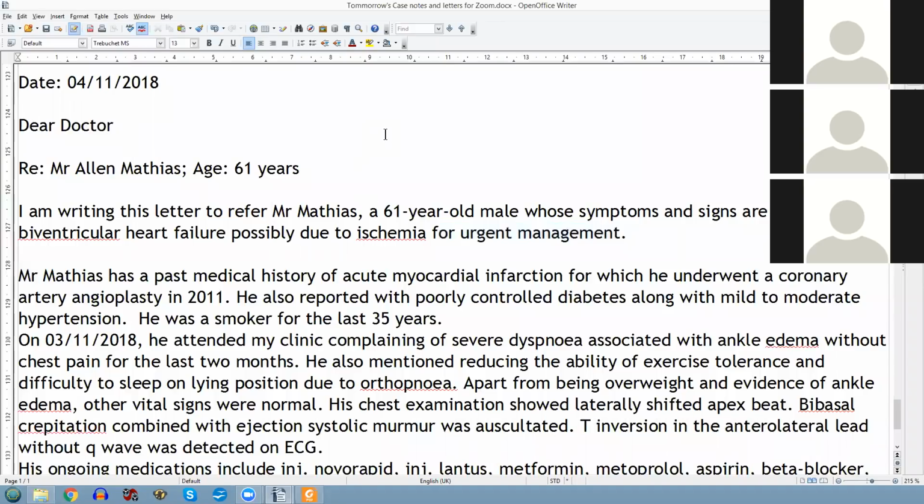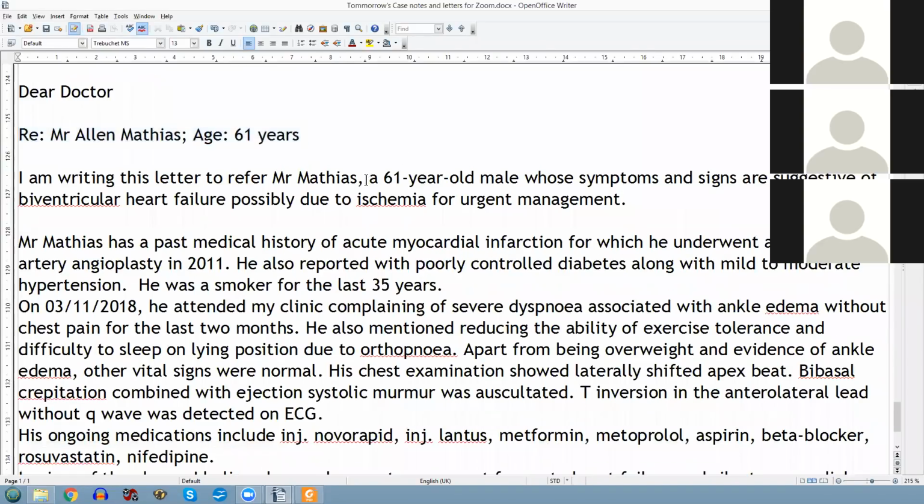And who are you referring to? But to refer for urgent management, Mr Matias, or refer Mr Matias for urgent management, whose symptoms are, then you could make it a relative clause. And again, we don't need it twice, because we can read, so you don't have to include it twice.